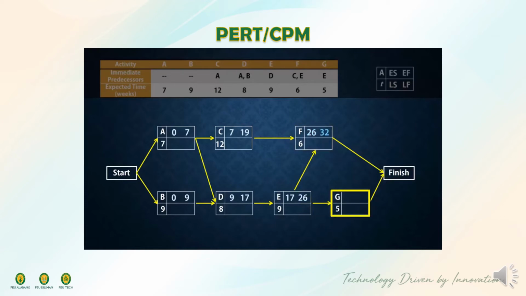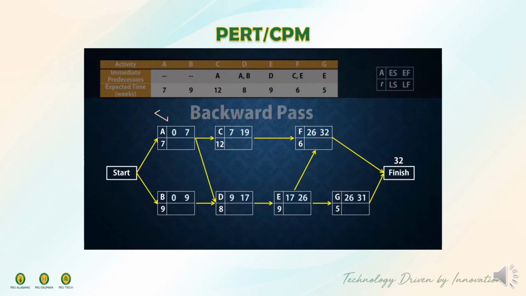G also can start earliest at 26, since it has only one predecessor, E, and G can finish earliest at 26 plus 5, which gives 31. Note here that although G is the last letter, it doesn't have the highest earliest finish time because F has 32, so we say that the project's completion time is 32 weeks. In essence, the project's completion time is the highest of the earliest finish times at the finish node.